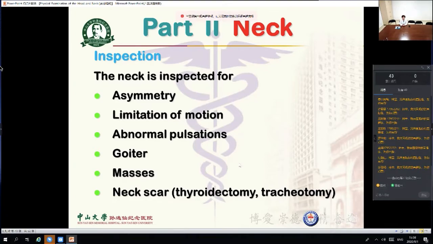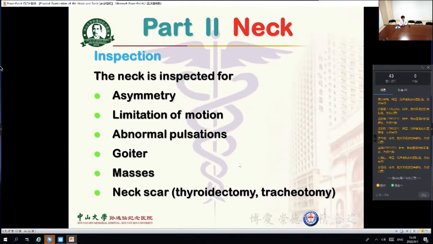First of all, I would like to continue with the second part, the examination of the neck. As I introduced yesterday, there are four principles of physical examination: inspection, palpation, percussion, and auscultation. In inspection, we need to check what things to look for in the neck.